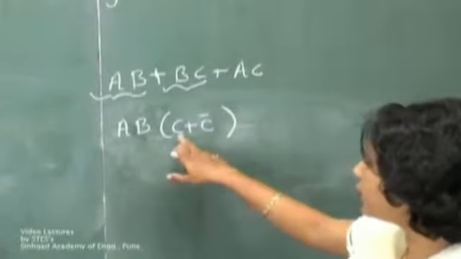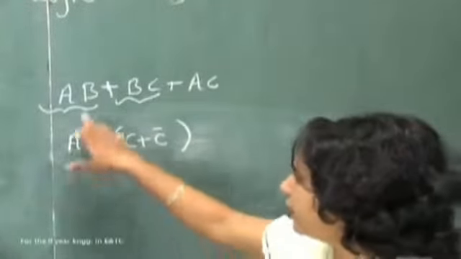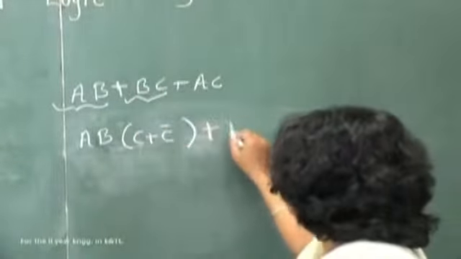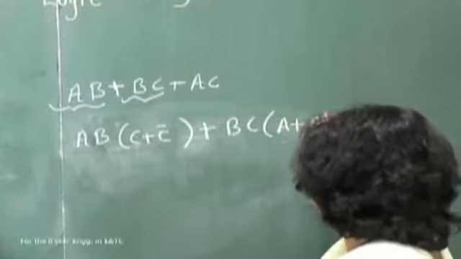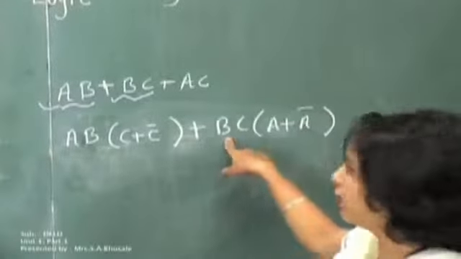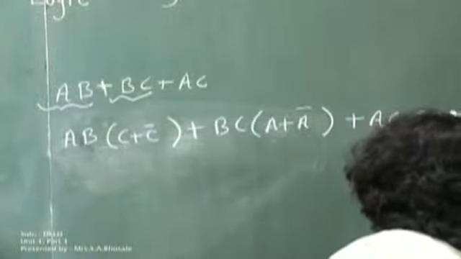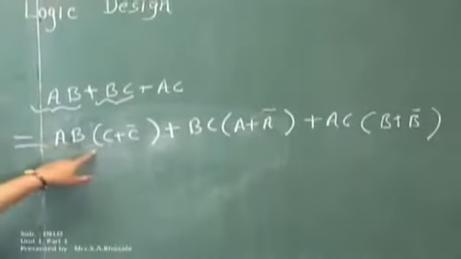C plus C bar is 1, so there is no change in the given equation. Similarly in the next term, A is missing, so it will be ANDed with A plus A bar. Similarly for AC, B is missing. This is how the equation will become.